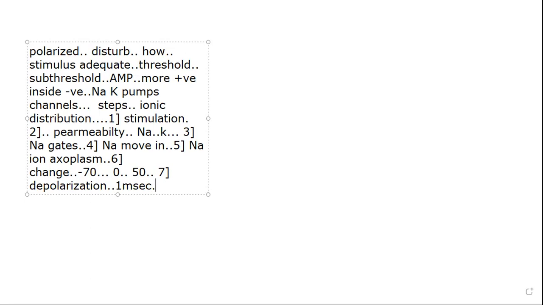This is the area where the threshold was applied. This disturbance is going to move adjacently. It is now called the action potential.